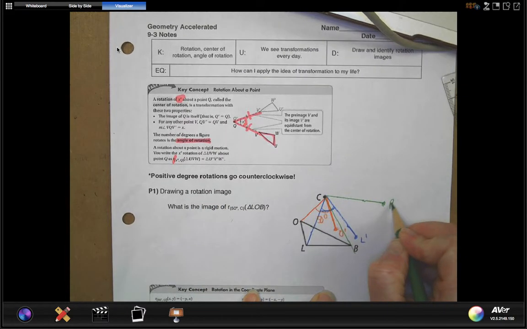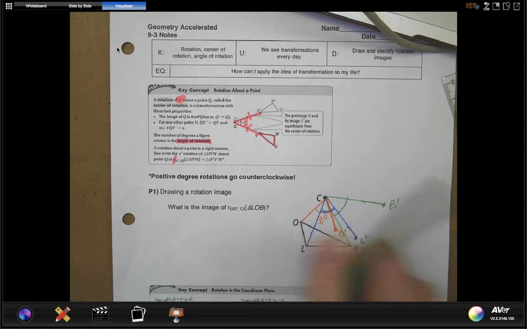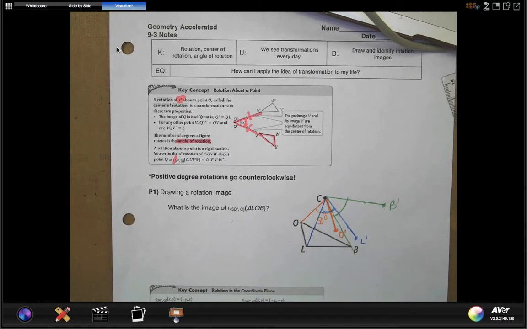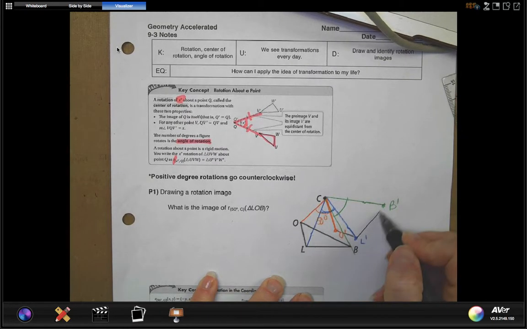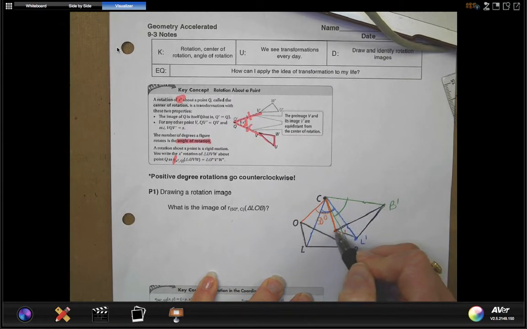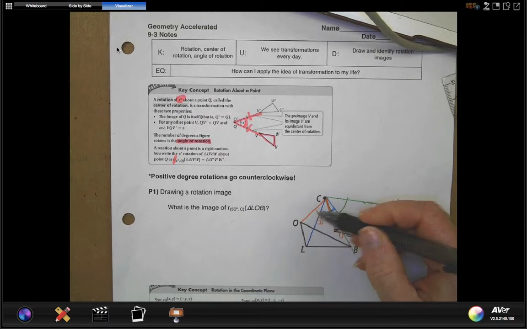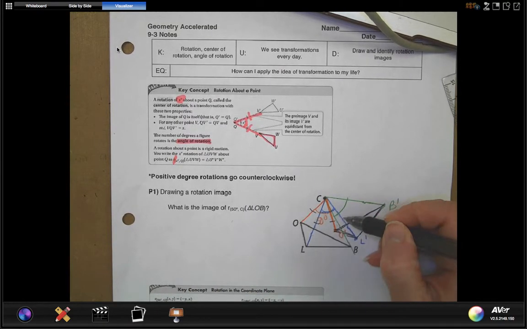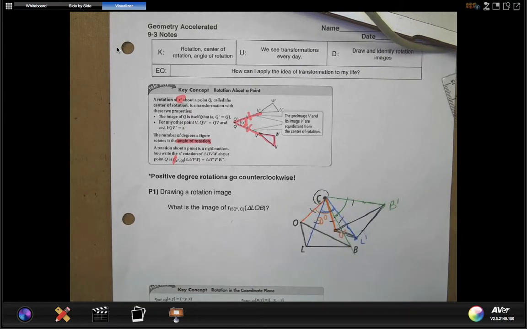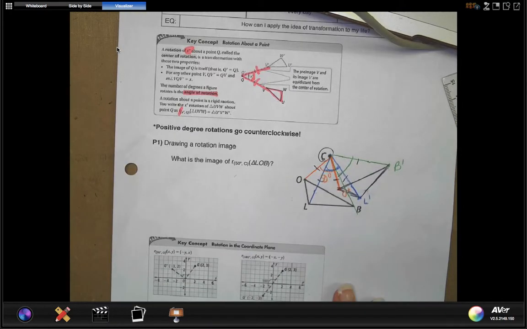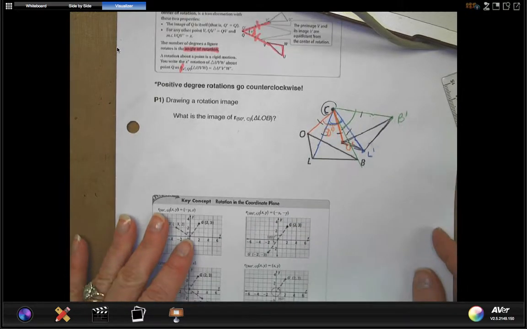Here's B prime. Again, this angle in here is 50. Obviously that 50 is a little bit bigger than my other 50s, and then I would connect these. I kept these distances the same from that point C, and the angle between those lines that I just marked is always 50 degrees, or whatever your angle of rotation is.